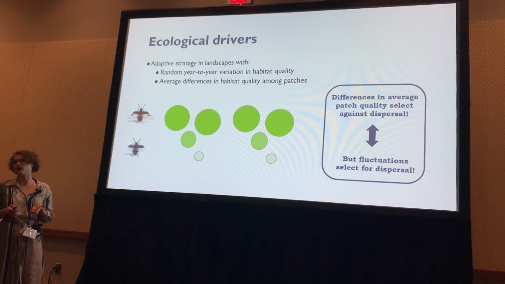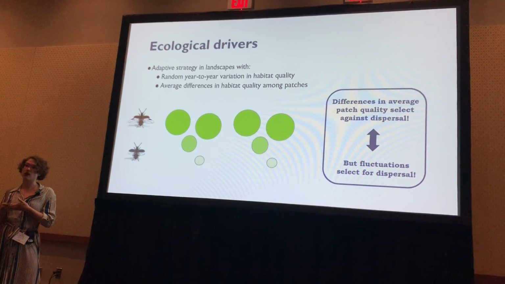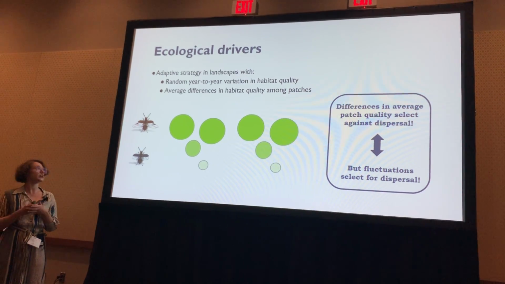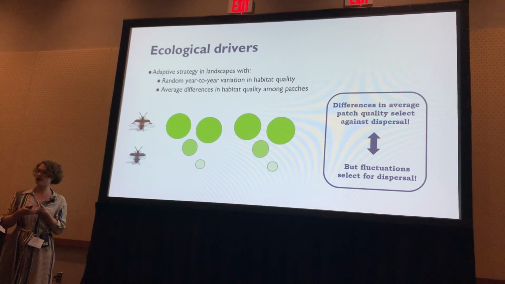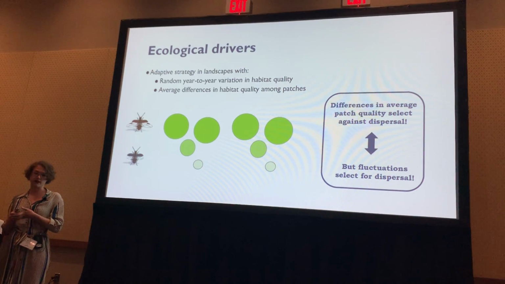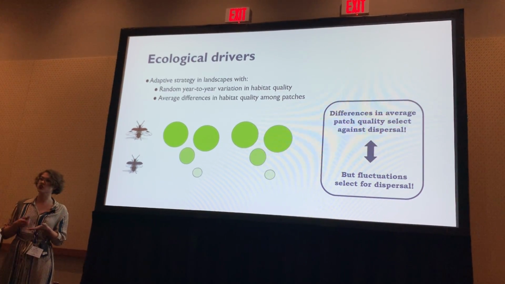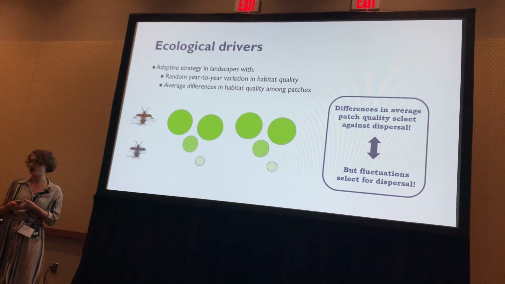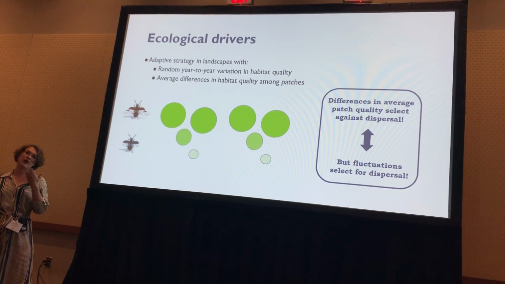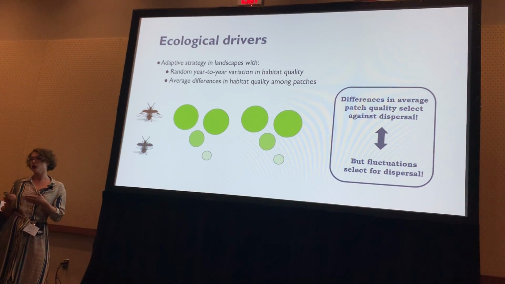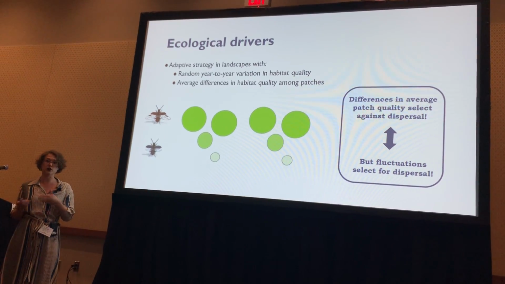So the question is, which ecological drivers are behind this? We see that this is an adaptive strategy to the habitats. They live in habitats where the habitat quality changes from year to year randomly, and there's also an average difference in habitat quality between the patches.